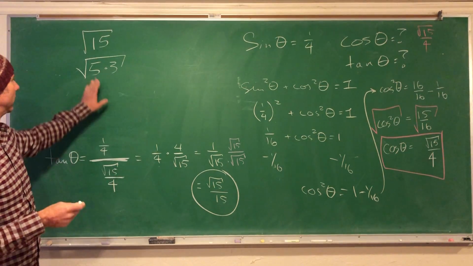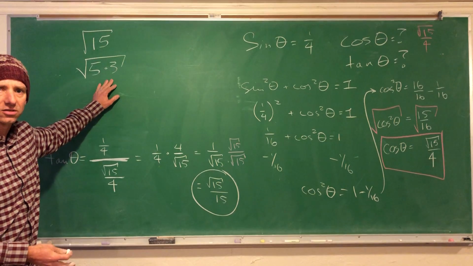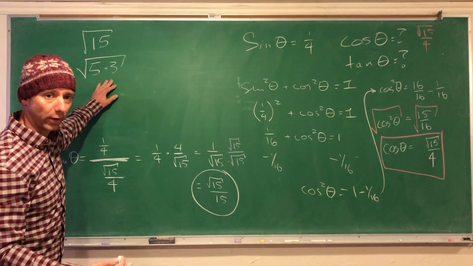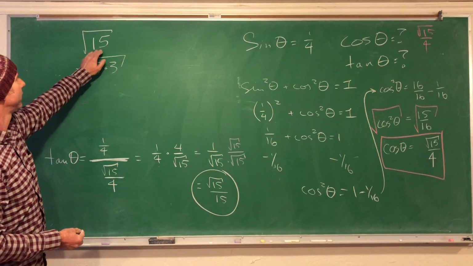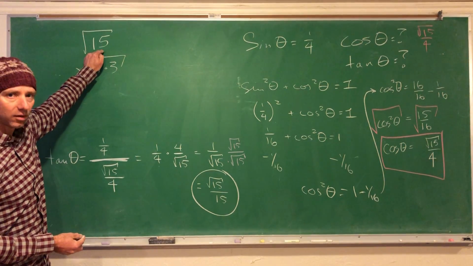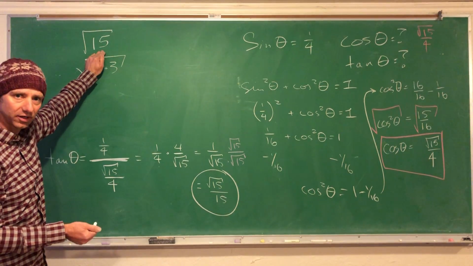I'm done. 5 is a prime number, 3 is a prime number. Neither of these are a perfect square, so I can't take them out of the square root. So square root of 15 is the exact number. This is what you want to leave as an answer. Do not use your calculator.